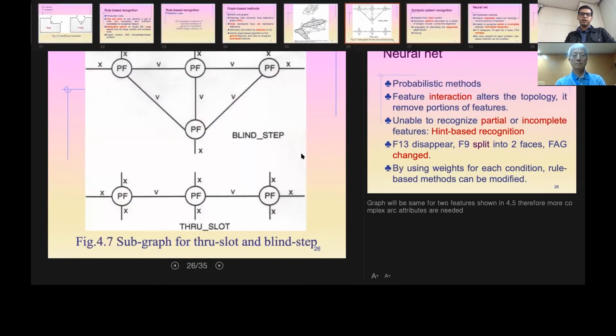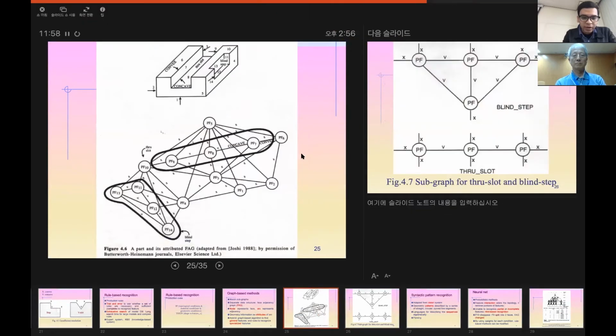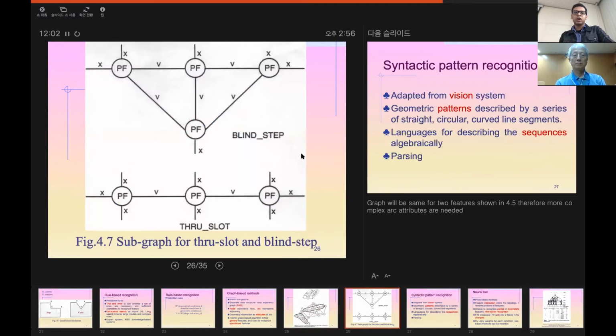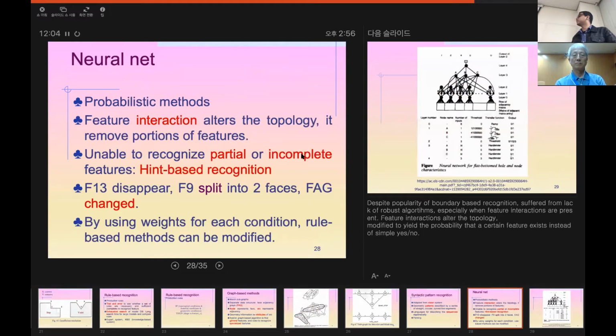As F13 is removed, for example, it would cause F9 to be divided into two phases. So these sort of feature interactions cause problems in normal boundary-based recognitions, and that is where the neural network comes in. What it does is it uses probability methods, and using weights for each condition, it can modify the rule-based methods to make them more robust.